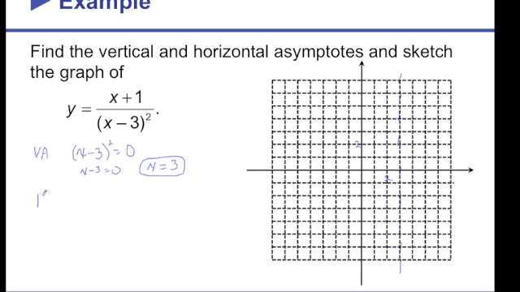For the horizontal asymptote, the degree of the numerator is 1, and the degree of the denominator, if I multiply this out, would have an x squared minus 6x plus 9, so it's 2. The degree of the numerator is lower than the degree of the denominator, so it's automatically a horizontal asymptote at y equals 0, or the x-axis. This becomes the asymptote.